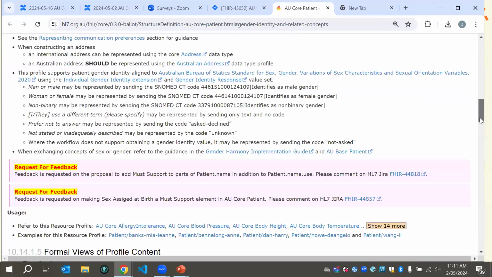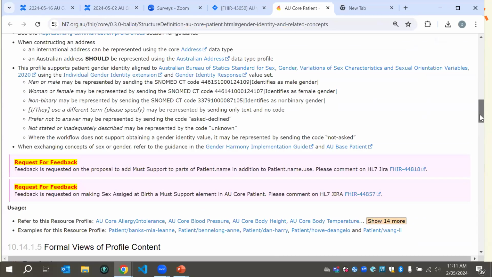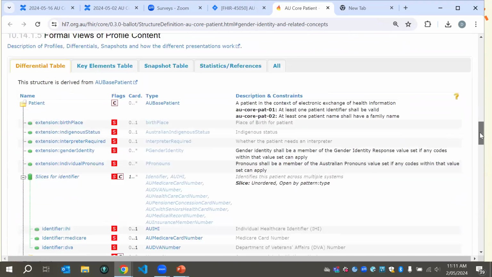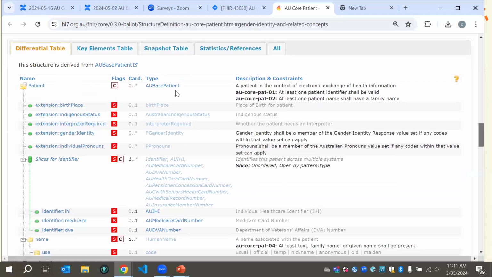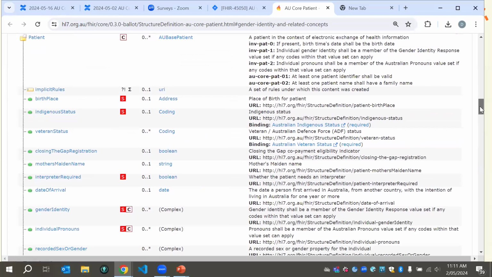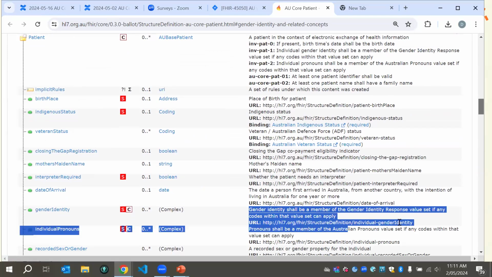I noticed the gender identity is in the profile specific guidance, but the pronouns isn't. And it's also because there's a separate section where the gender identity concepts are described outside of the profile specific guidance. So there's, I guess, two areas where that information could sit. I just found it a little confusing, but it could just be me.